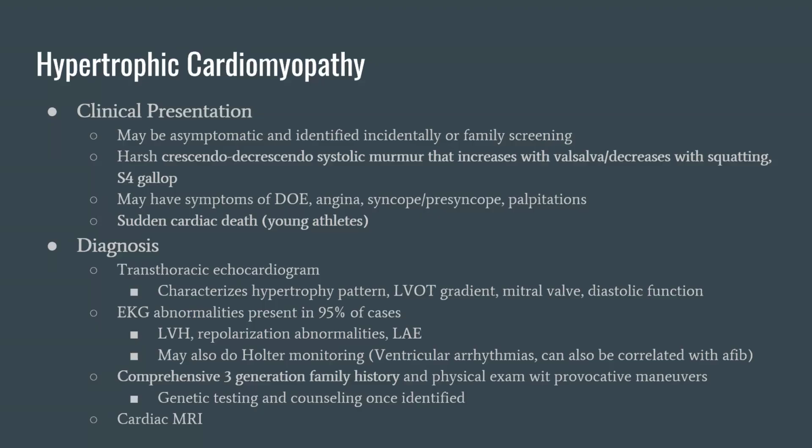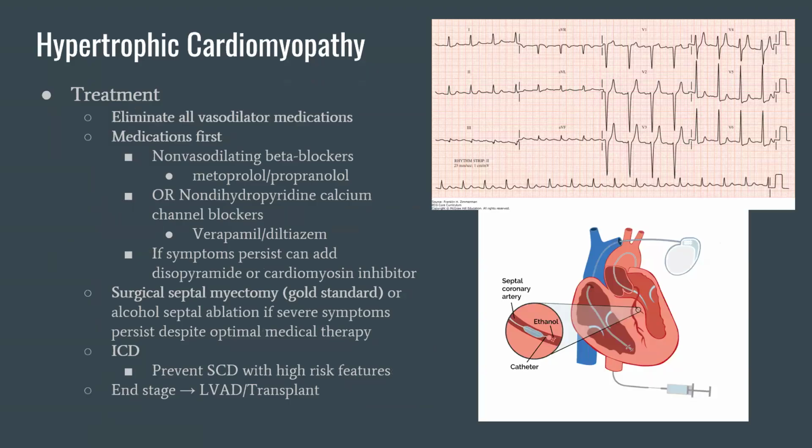We're doing Valsalva, decrease with squatting, and checking the murmur. Genetic testing and counseling once identified. And cardiac MRI is great if you're a specialist in HOCM. Usually they request a cardiac MRI. It sees the septum a lot better than the echocardiogram.